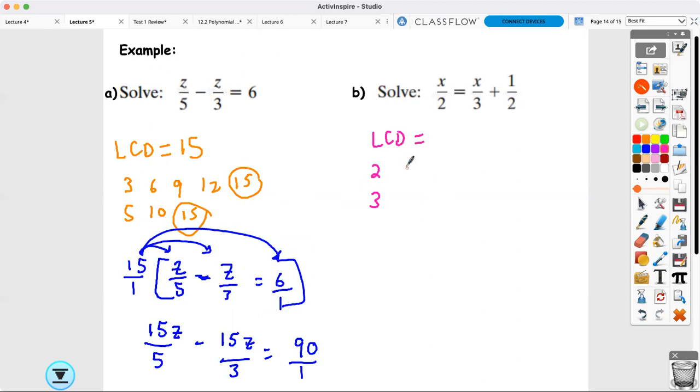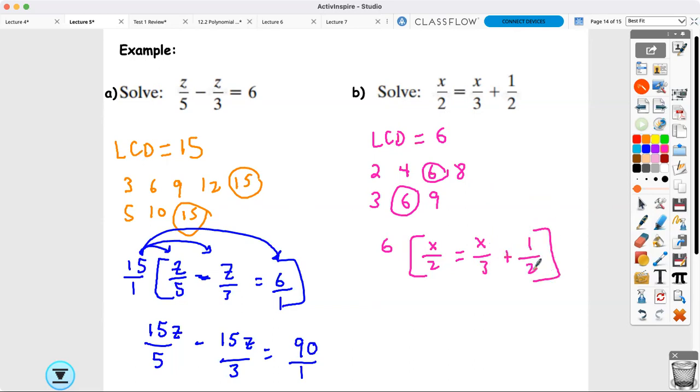Count by twos: 2, 4, 6, 8. 3, 6, 9. We see that 6 is right here, so 6 is my LCD. We're going to multiply that to the whole equation, so x over 2 equals x over 3 plus 1 over 2.